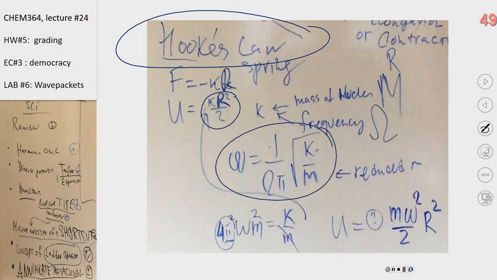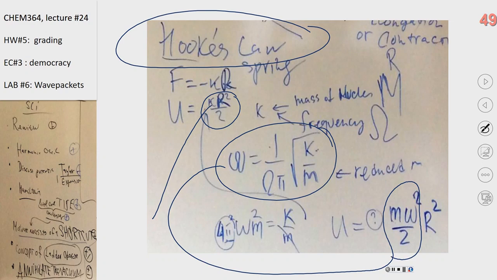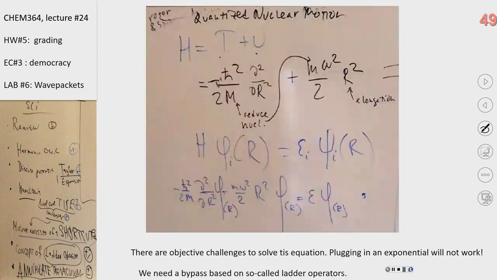Probably it's not a big secret for you. And then one can work on the potential energy, k r squared over 2, and replace it according to this with frequency squared times mass over 2. And then if we accept it, the Hamiltonian for the quantized oscillator will include the standard kinetic energy plus potential energy, which is proportional to the square of the elongation and this mass times frequency of oscillations.